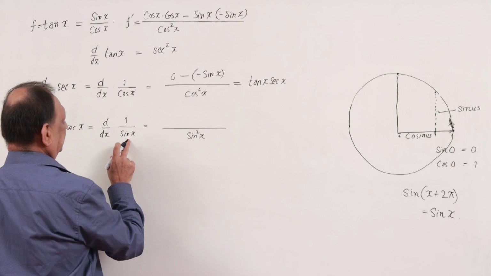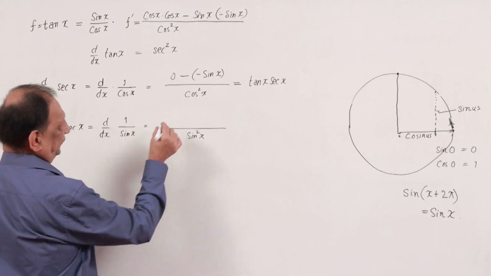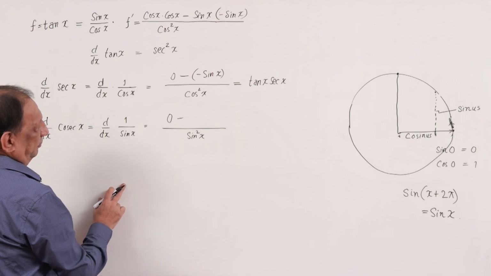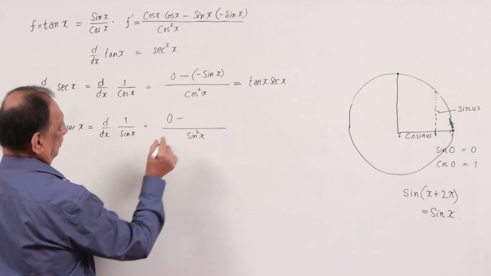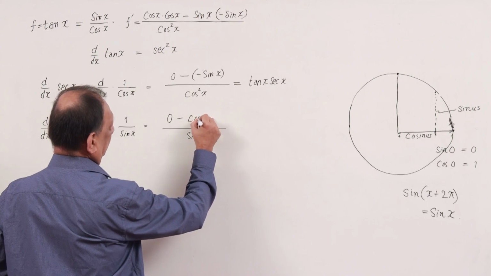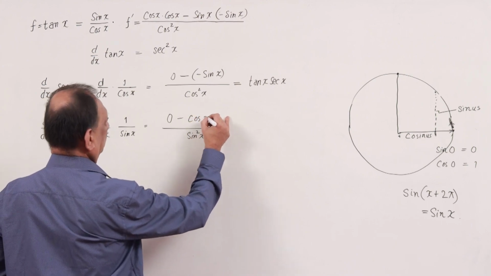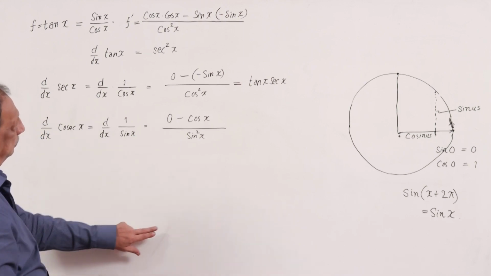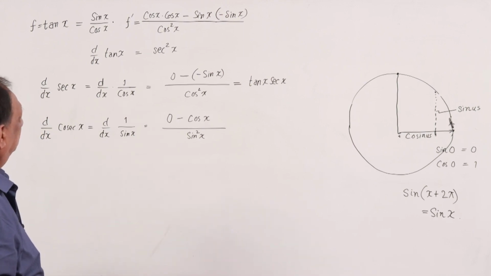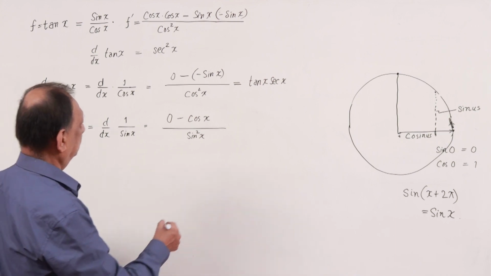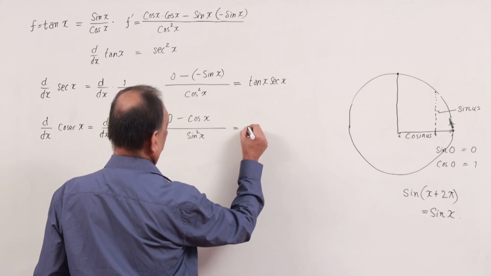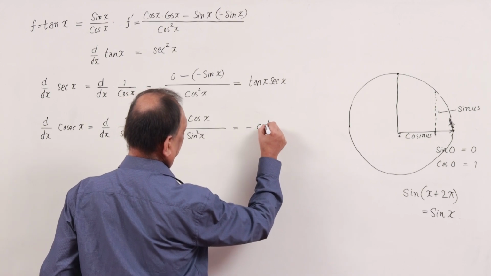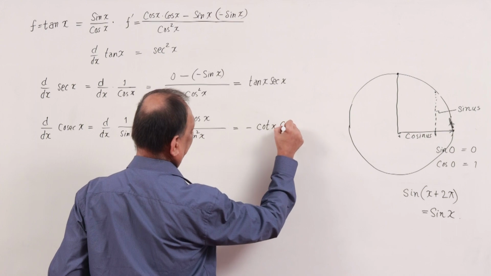Now, g f prime, which is 0, minus f g prime, would be minus cot x cosecant x.